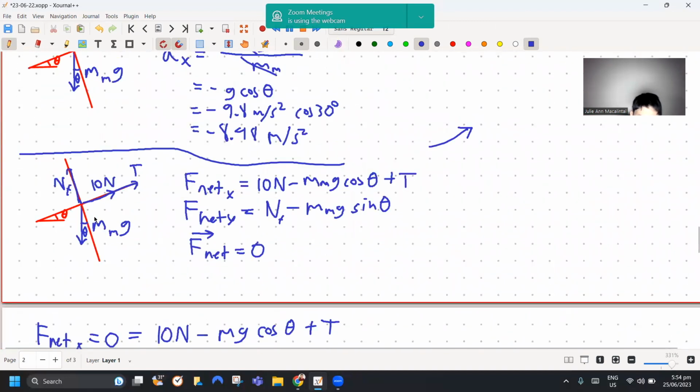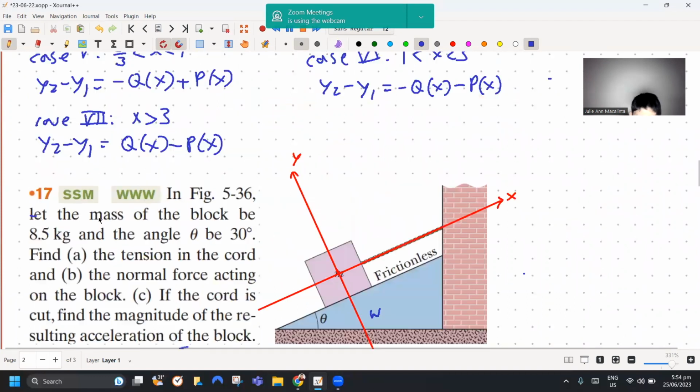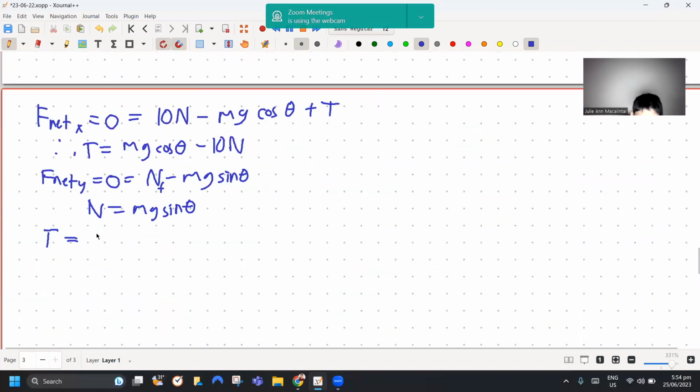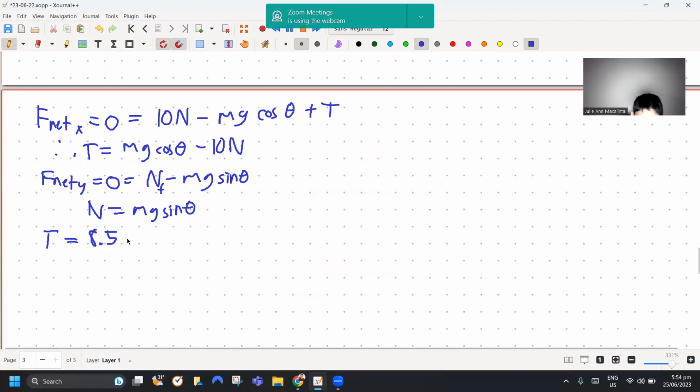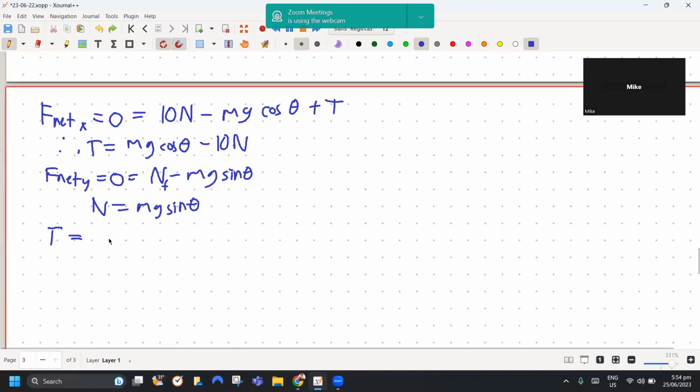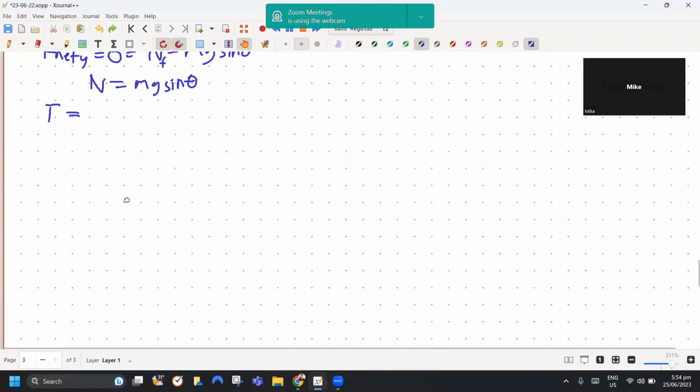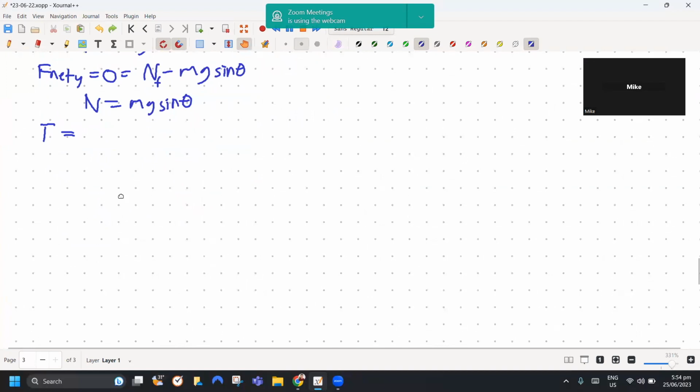Ano ba yung mass? 8 kilograms, di ba? 8.5. Teka, huwag ka muna mag-substitute. So, next, kasi ang gagawin natin ngayon ay yung next situation na, tingnan mo yung question.